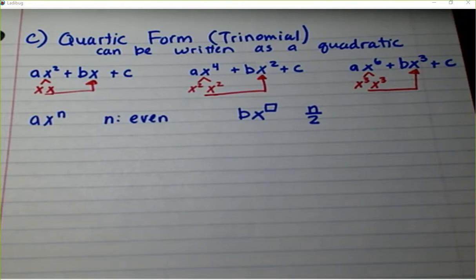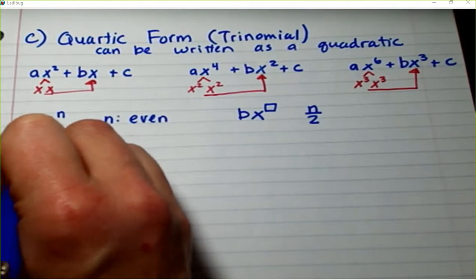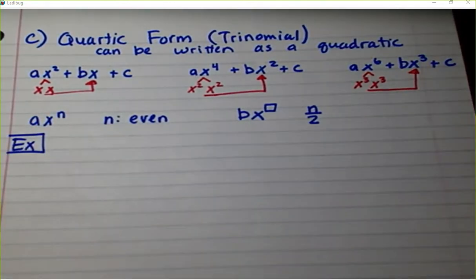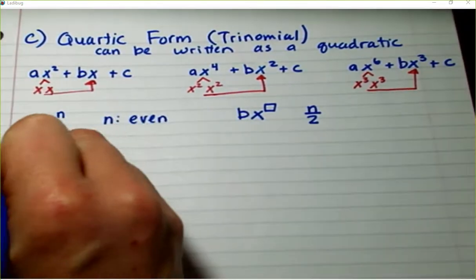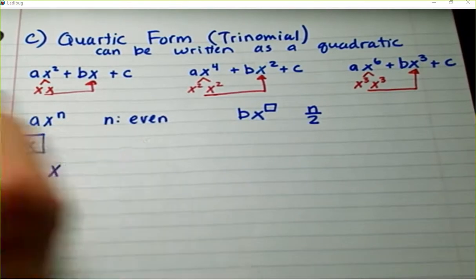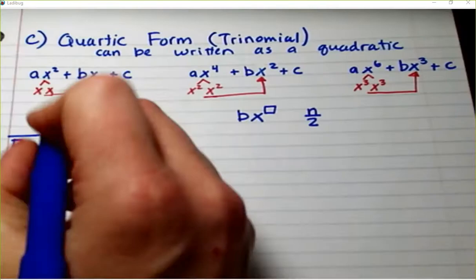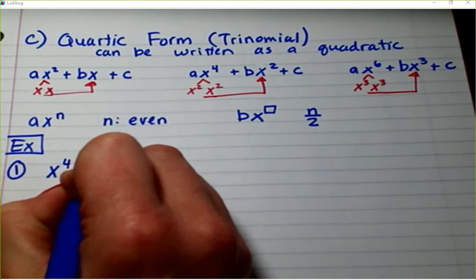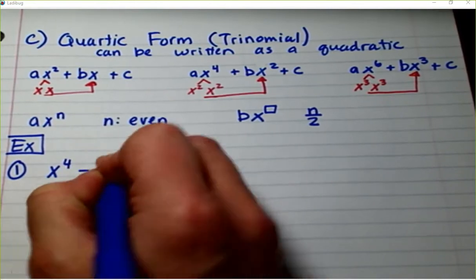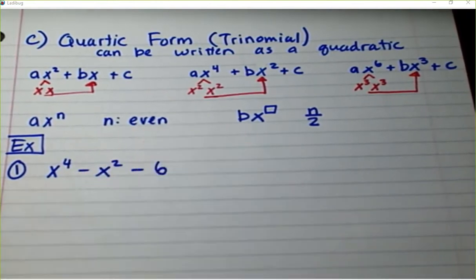So we're going to do an example. Okay, here we go. Example. X to the 4th minus x squared minus 6.